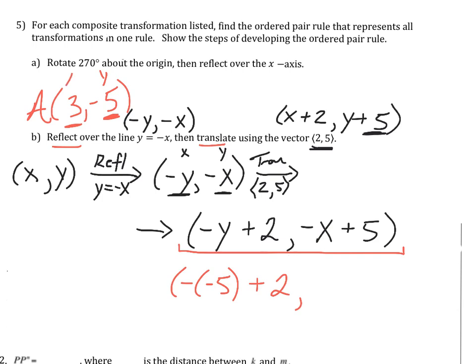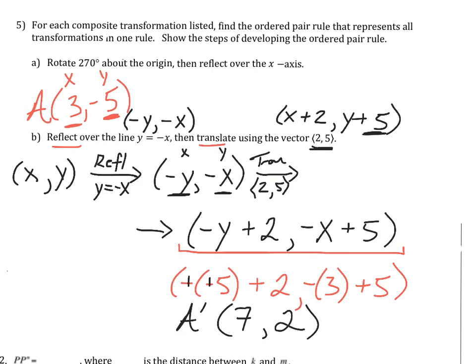And your x, which is 3, that would be plugged in for the second part of the rule. So in this case, the negatives cancel out. I add 2, which gives me 7. And then we have negative 3 plus 5, which gives us 2. So there's my final coordinate, A prime, after the reflection and the translation.